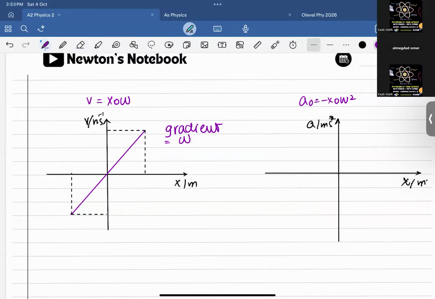So it would be over here, right? But you have to make sure that if you're not drawing it, or it's not given in the paper, then fine. If they give it in the paper, then you have to make sure that these values are the same, the starting value.